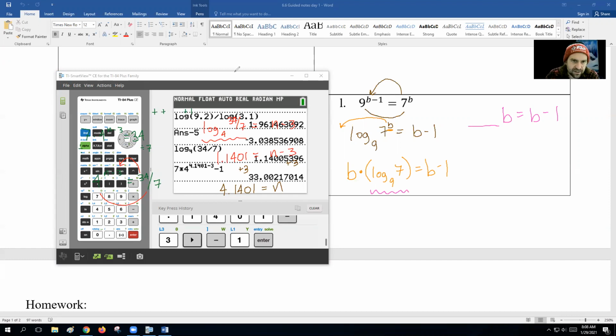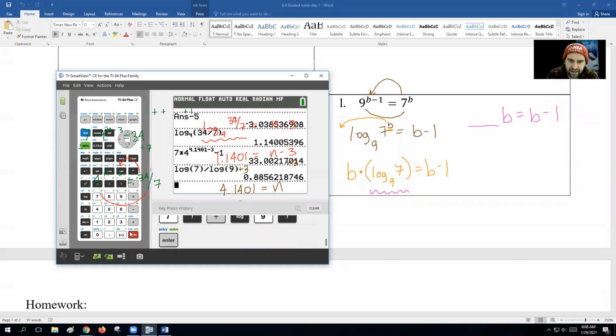And if we type in a calculator, log 7 divided by log 9 is 0.8856. So really we have on this side 0.8856b.